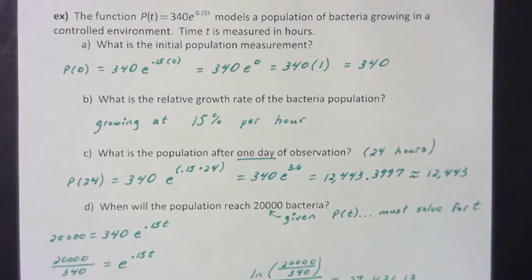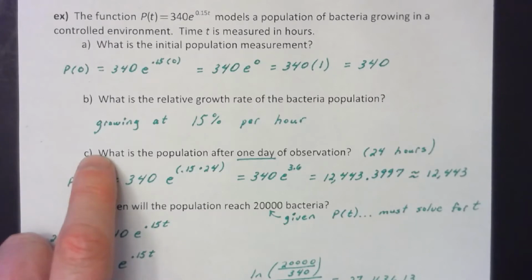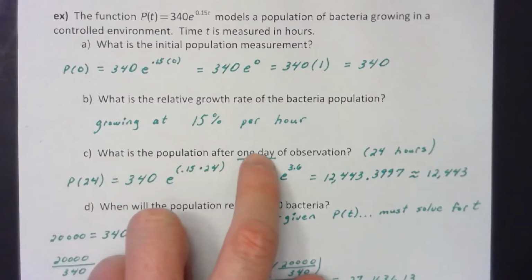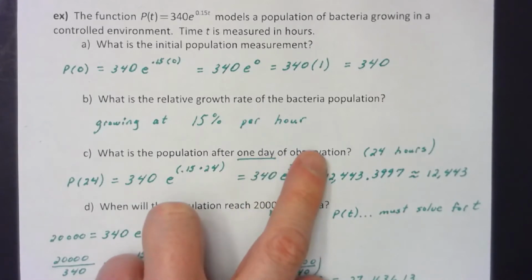Now, if that were 15% per year, that's much, much slower. This growth rate of 15% per hour, that's going to increase enormously fast. In order to see that, I'm asking you, what is the population after 1 day of observation?